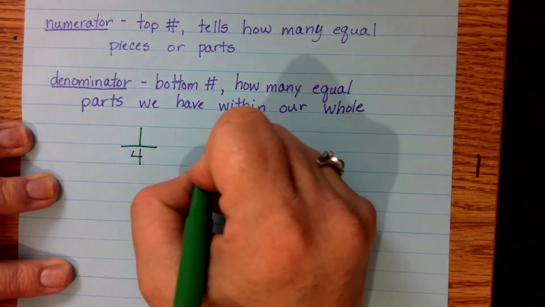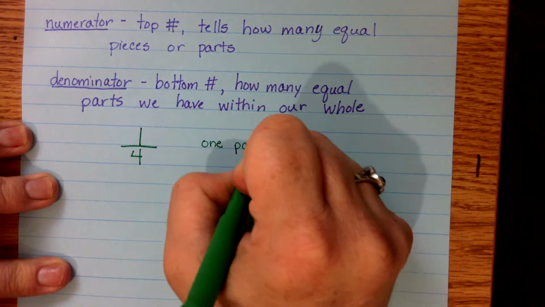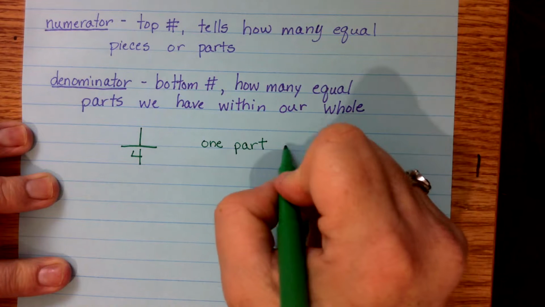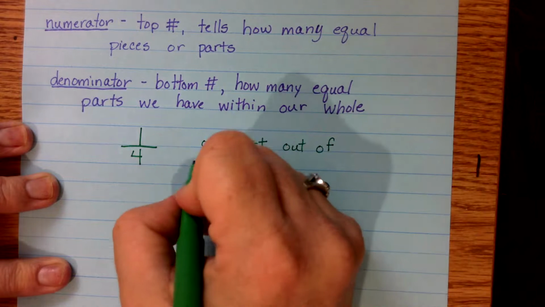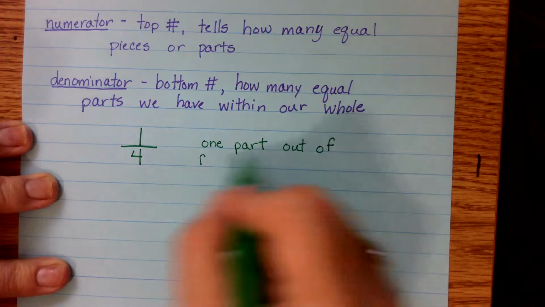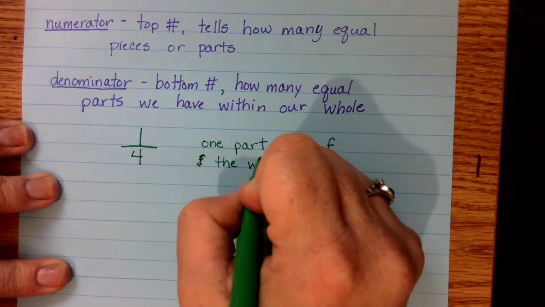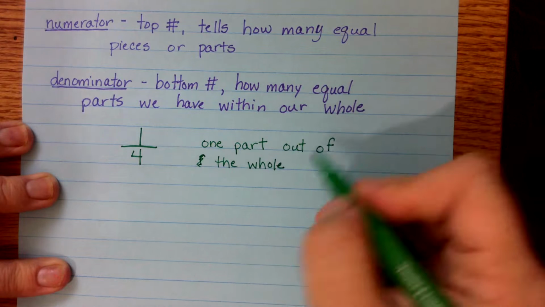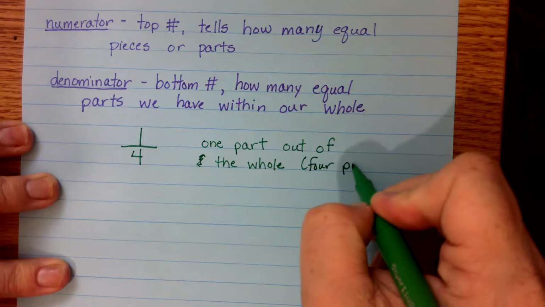So when we write that in words, it's one part. That line means out of 4 pieces, one part out of the whole. And for this one, it's 4 pieces.